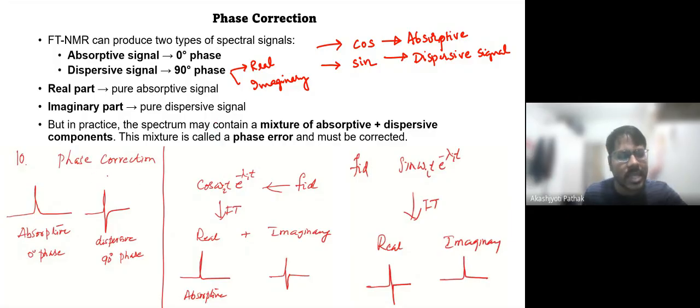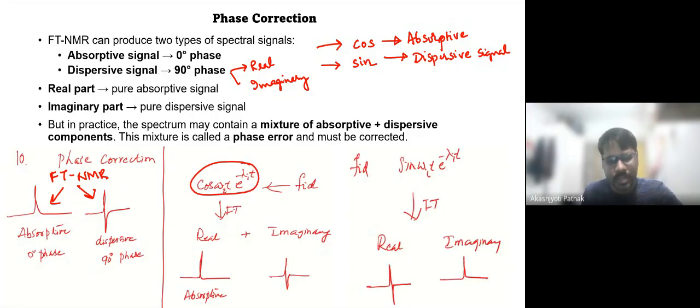As was explained in the lecture, when you are doing an FT-NMR, you can obtain two types of signal. You can obtain an absorptive signal, also known as the 0 degree phase signal, and a dispersive signal, also known as the 90-degree phase signal. Now, if you do a Fourier transform of this cosine function, it will give you two parts, a real part and an imaginary part.